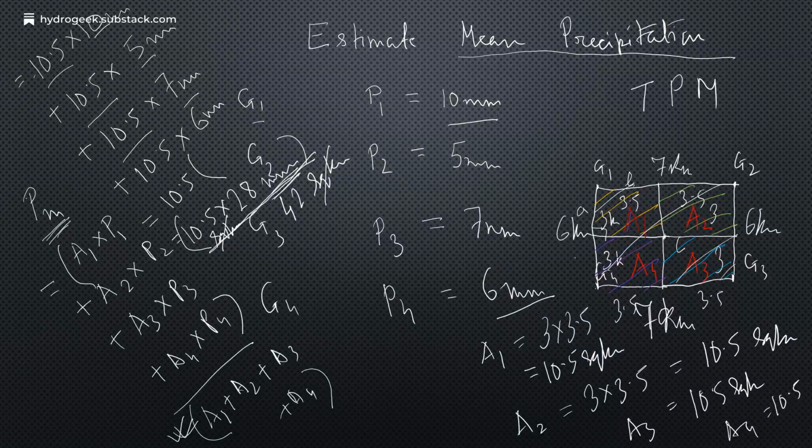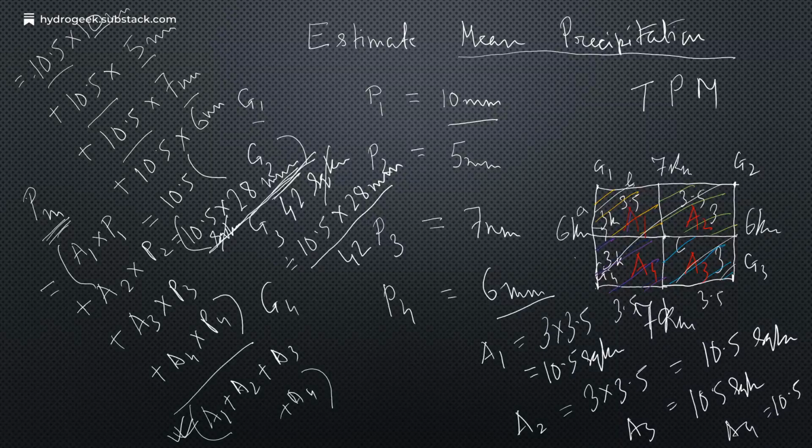Now, so we have 10.5 multiplied by 28 millimeter divided by 42. These two terms are unitless because the square kilometers deduct out. So let us see what happens.